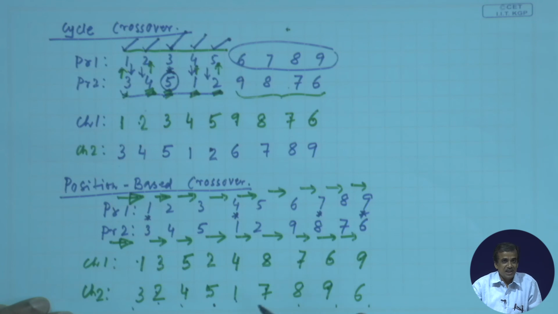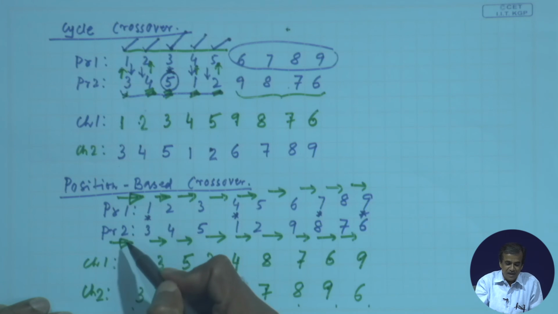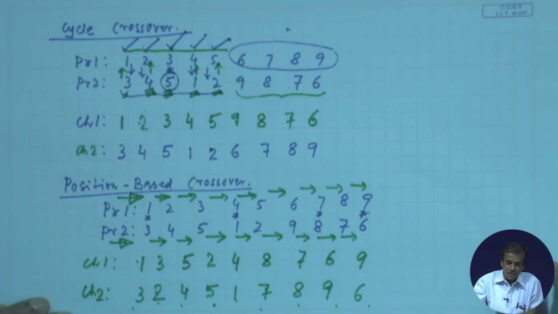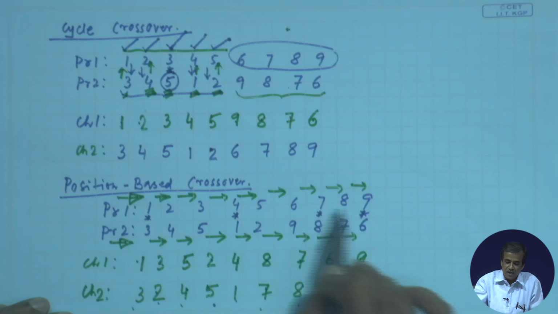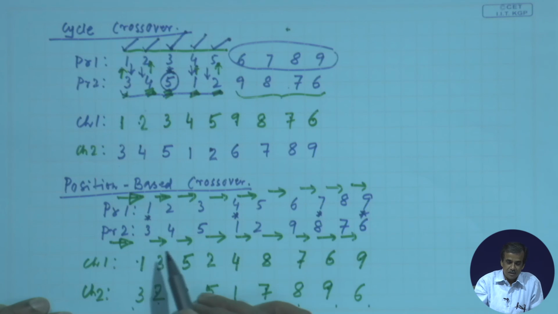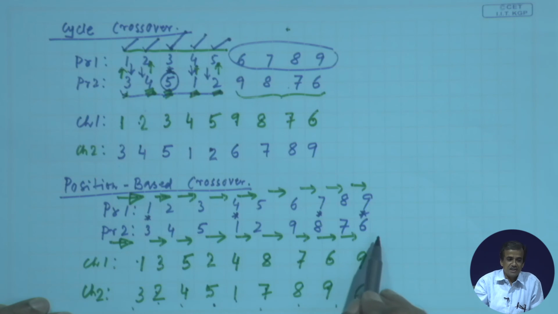I think this is clear to all of you. Now, once again on the notebook, write down parent 1 and parent 2. Parent 1 is 1, 2, 3, 4 up to 9. Parent 2 is 3, 4, 5, 1, 2, 9, 8, 7, 6.